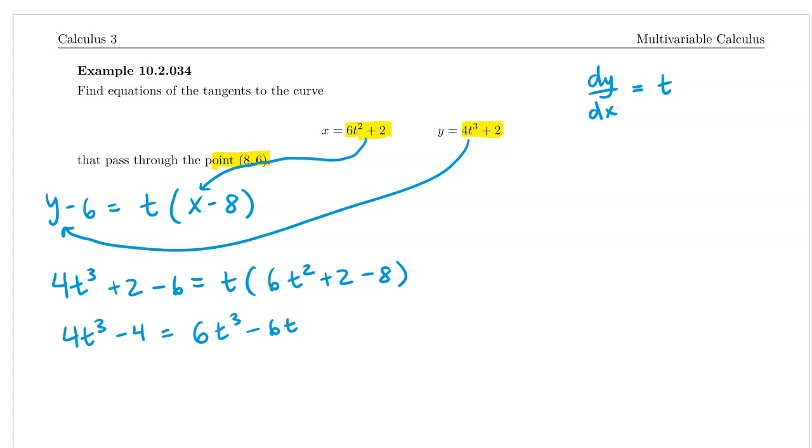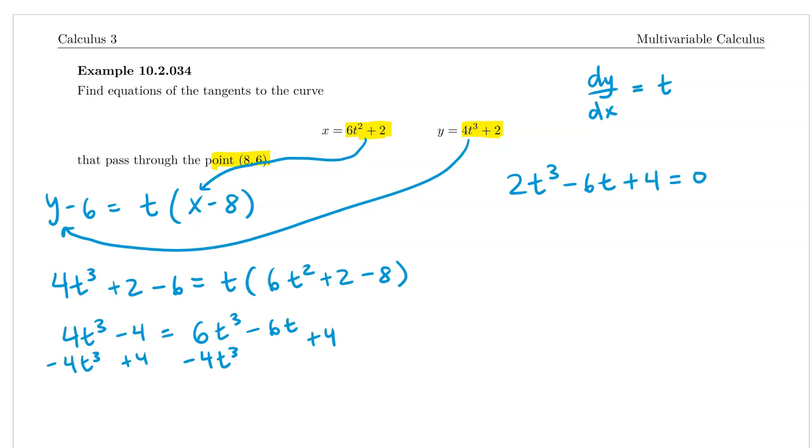And then I can subtract 4t cubed from both sides. And I can also add 4 to both sides. So we're going to end up getting the equation 2t cubed minus 6t plus 4 is equal to 0.